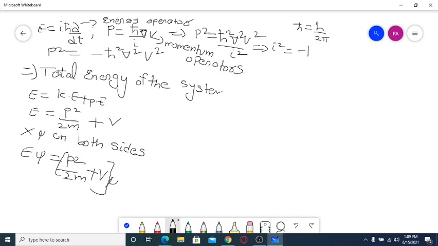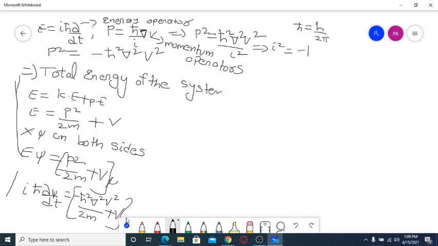Now you already have the information: E is the energy operator, so instead of E we can write i h bar ∂psi/∂t, and p square is the momentum operator, minus h bar square ∇ square, by 2m plus V, acting on psi.